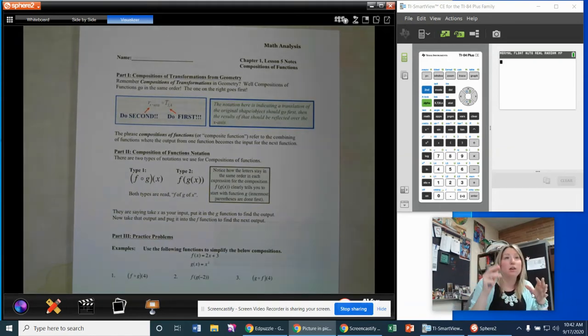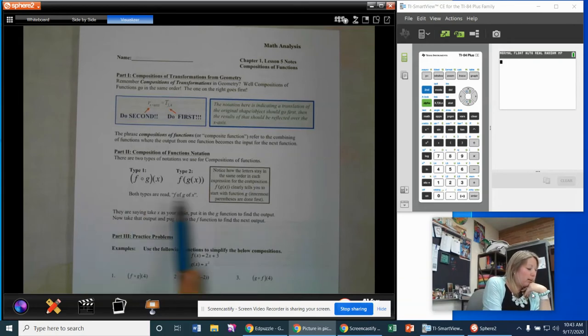Whenever you saw that, the whole trick was to make sure you're doing what's on the right hand side first. So these are what we read right to left. The way that we read these is the same for compositions of functions.